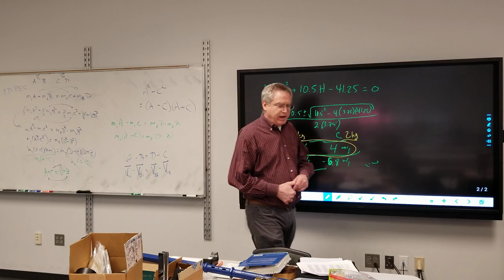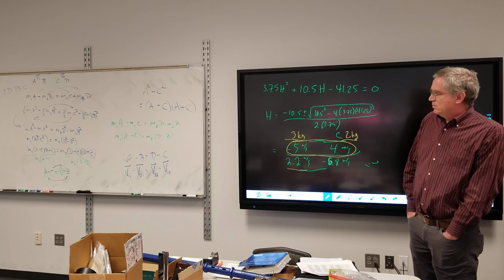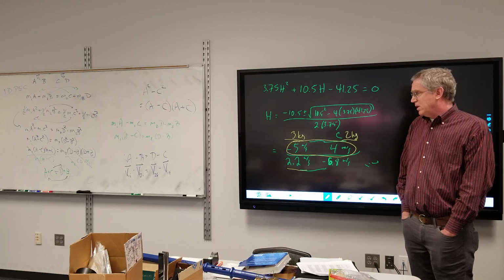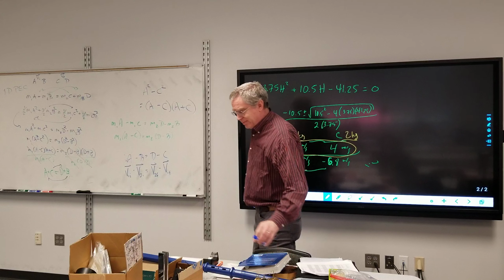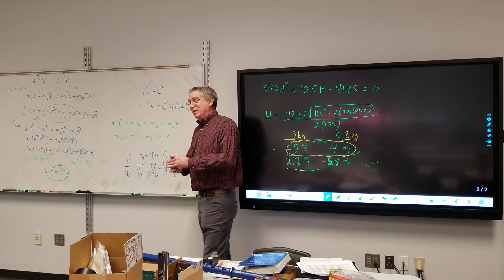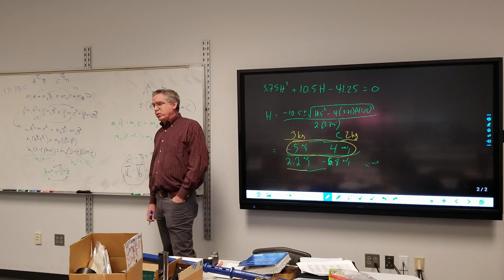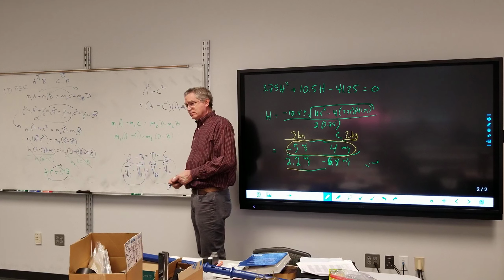So the difference in the velocities beforehand is equal to the difference in the flip of the velocities afterwards. In English, this is the relative speed of approach equals the relative speed of recession.